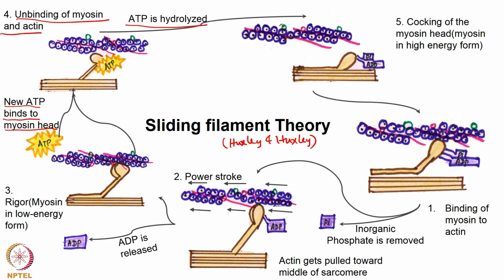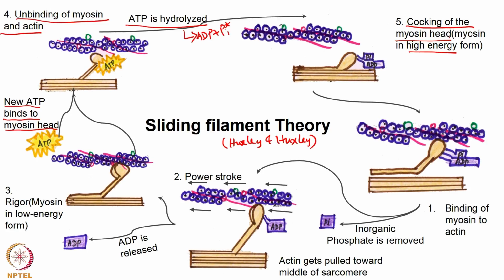Then ATP is hydrolyzed into ADP plus phosphate, Pi. Now, this takes myosin to a high energy form. This situation is also called the cocking of the myosin head. It is ready for the next cycle of action.